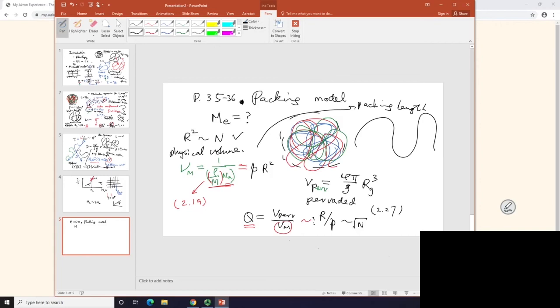So it obeys the square root of N. So now you can imagine, I start with relatively low molecular weight, relatively short chain. As I start to increase my chain, I find in my own volume there are more chains in order to have the density of 1, that of water, because we have no solvent.